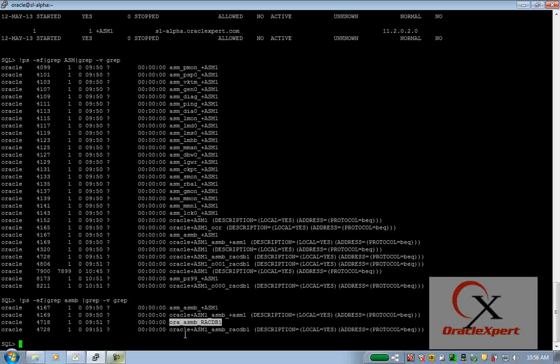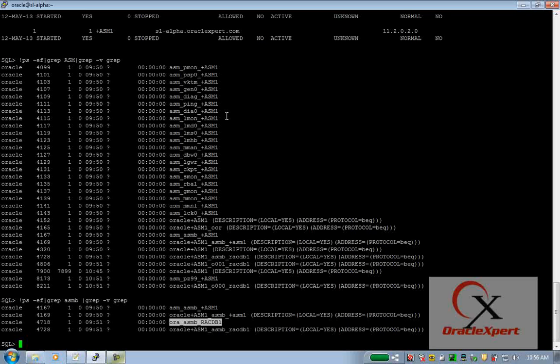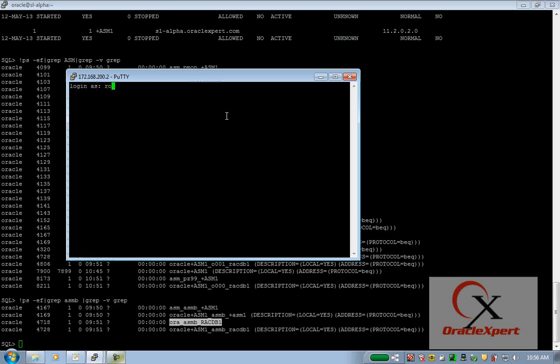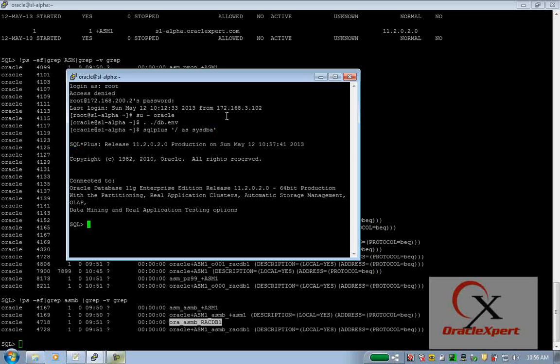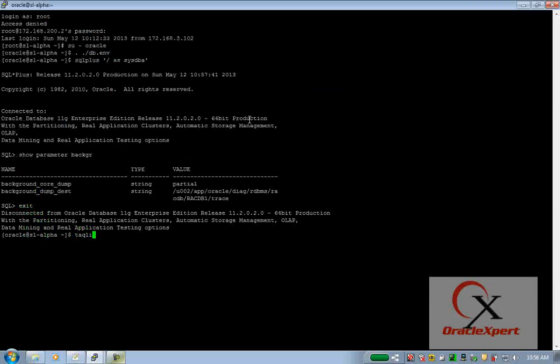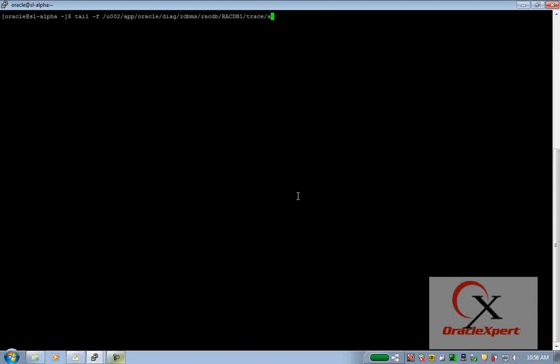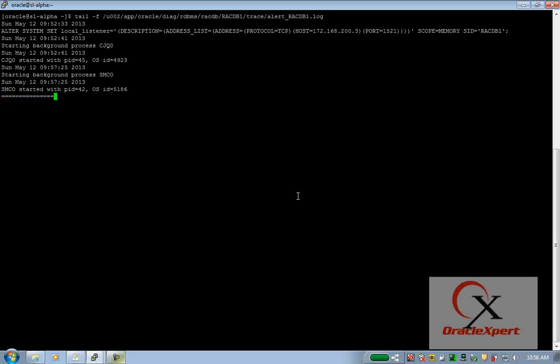Now, I would open another session. I want to open the background dump destination of my database and keep on doing the tail. This is my observation line.